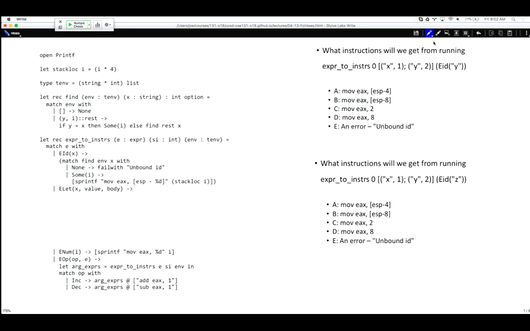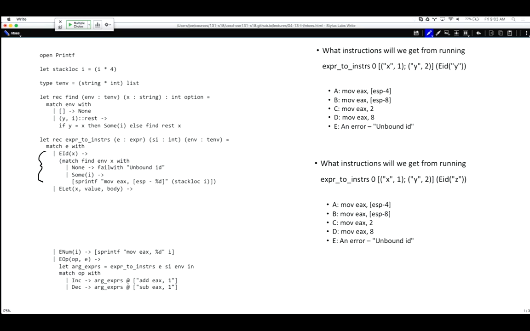I filled in the implementation for EID here, because what I want to do today is set up half of this: what is it going to look like to look up one of these identifiers in an expression? What does it mean to look up the name of a variable? We'll use that to understand what let should do.